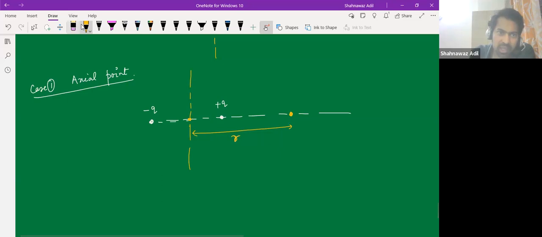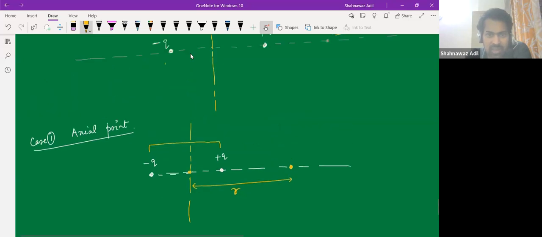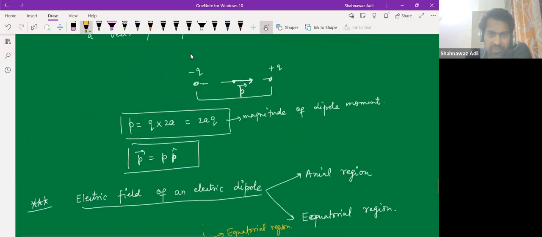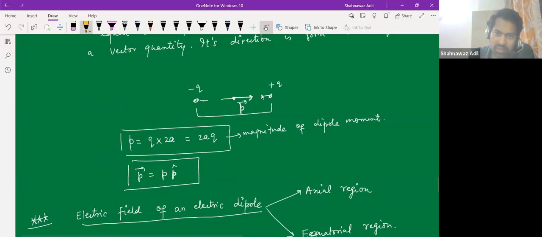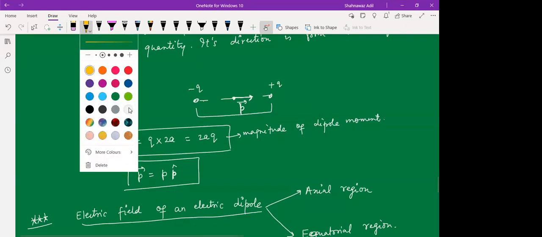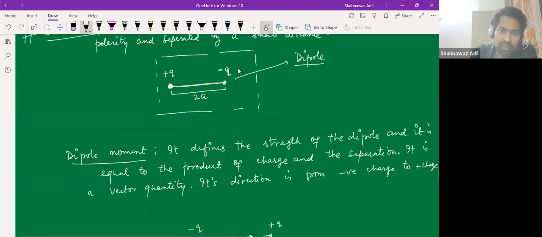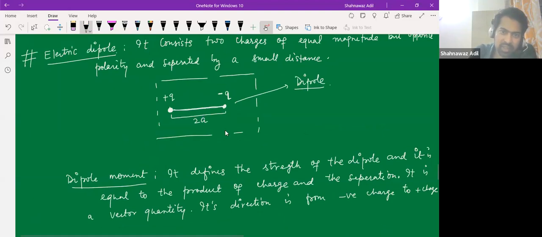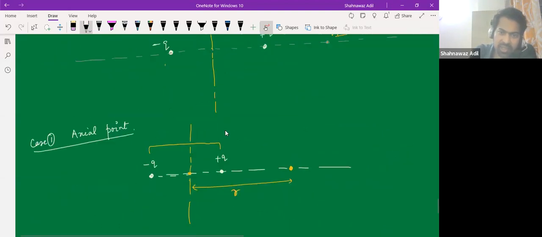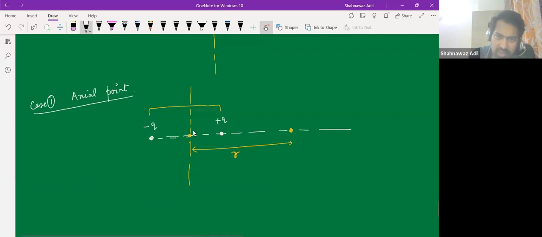How much is the total separation that we have taken? You remember? It was 2A.